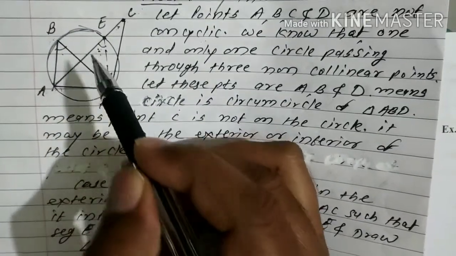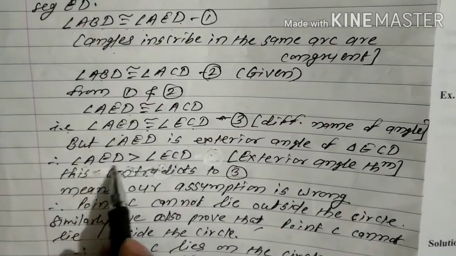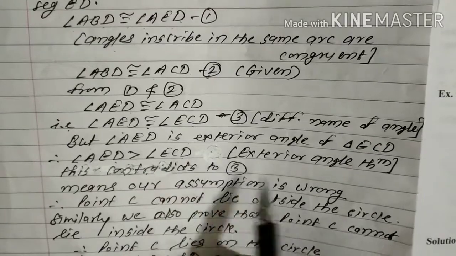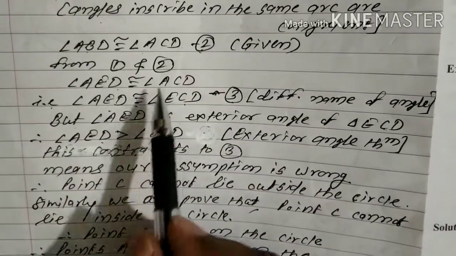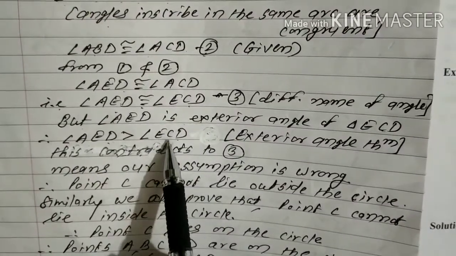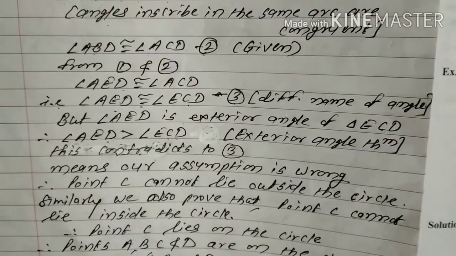Hence, angle AED is greater than angle ECD by the exterior angle theorem. This contradicts equation 3, where they are equal, while here AED is greater than ECD.